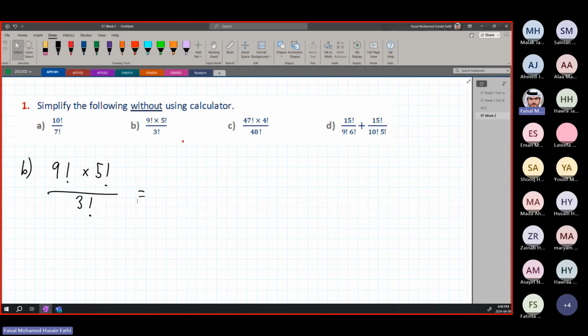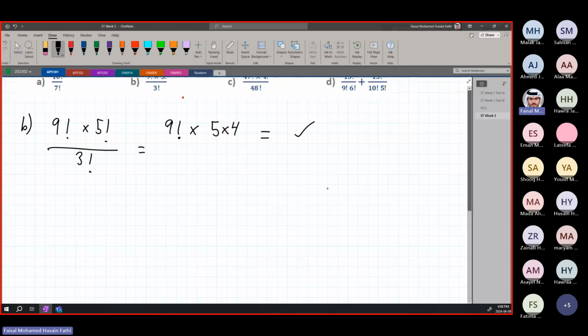We can simplify the 5 factorial, so it will be 9 factorial times 5 times 4 times 3 times 2 times 1, which will cancel with the 3 factorial at the bottom. Put this in the calculator and you will get the answer. It does say without using a calculator, but again, in the exam you have a calculator. This is just to explain the concept very easily.